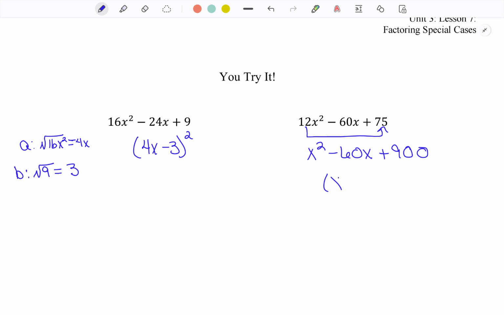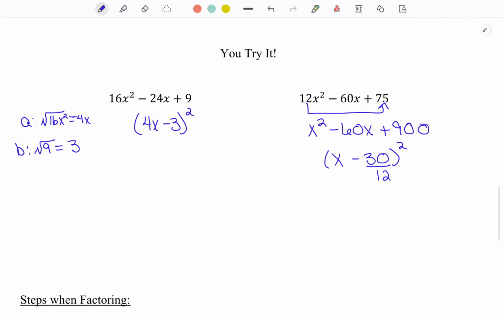So we have x, and then the square root of 900 is 30. So we're going to have x minus 30 squared, but we still have to divide by the number we slid. And so that is going to give us a fraction we can reduce, which is x minus 5 over 2 squared, and we're going to slide back, which gives us 2x minus 5 squared.